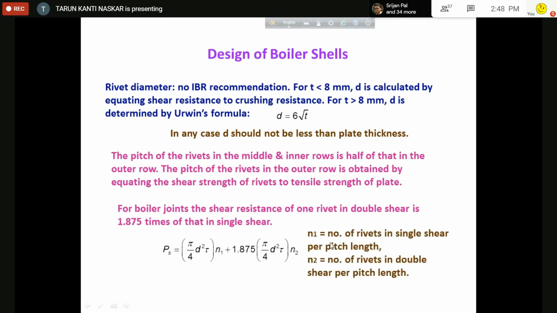Here n1 is the number of rivets in single shear per pitch length, n2 is the number of rivets in double shear per pitch length, and for safety reasons, instead of 2 we use 1.875. This is the convention. So this is the expression for PS, that is shear resistance.